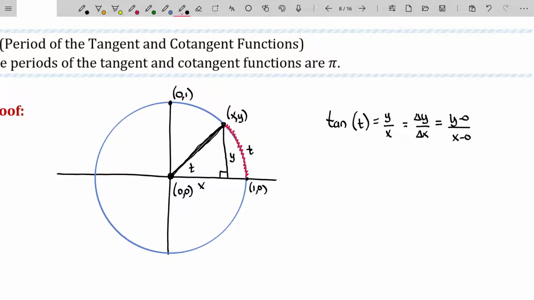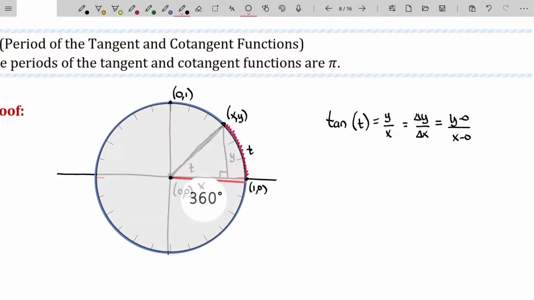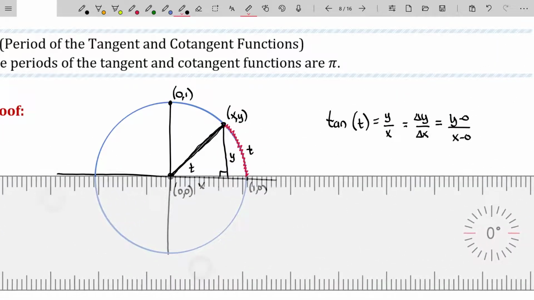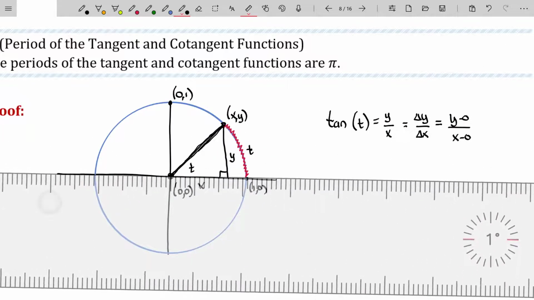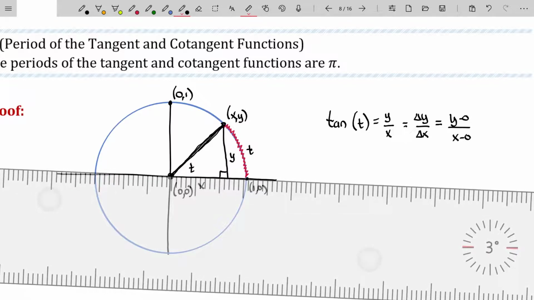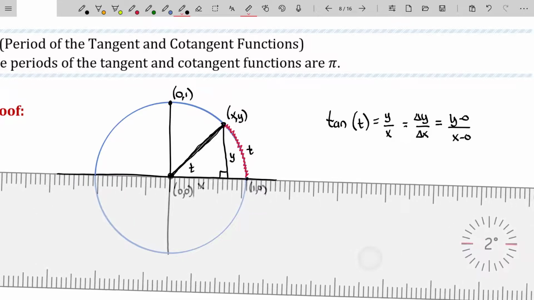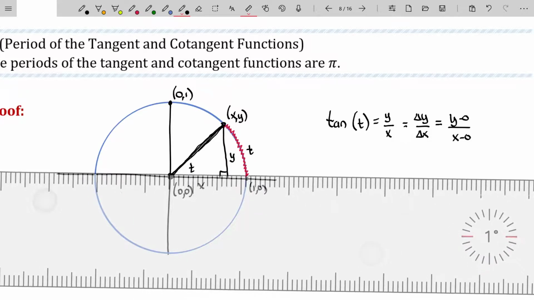Now that we've mentioned that, because that's kind of an important point to make before we continue our conversation, let me go ahead and bring in a ruler here. And I'm just going to use the ruler to showcase the slopes. So notice right here, the slope right on the x-axis is going to be 0. I just didn't use a ruler to draw this, but it's going to be a 0 slope.